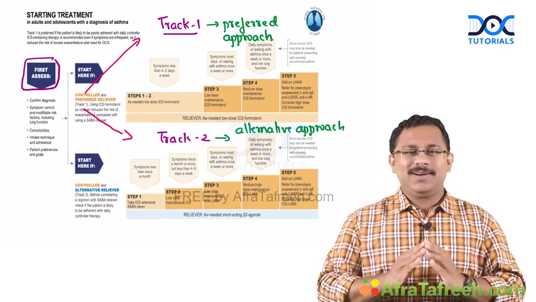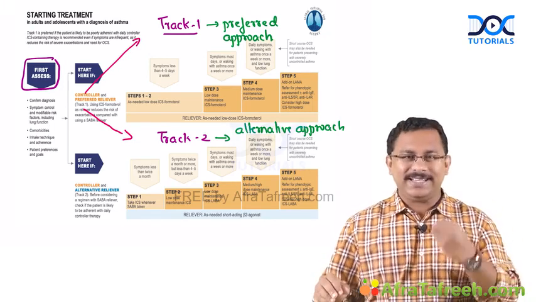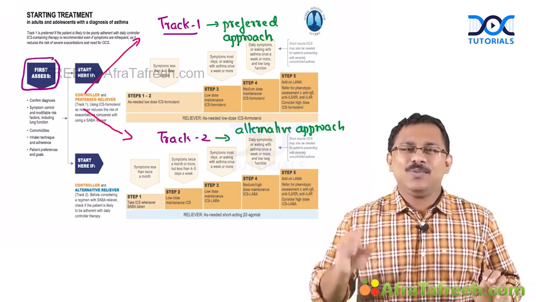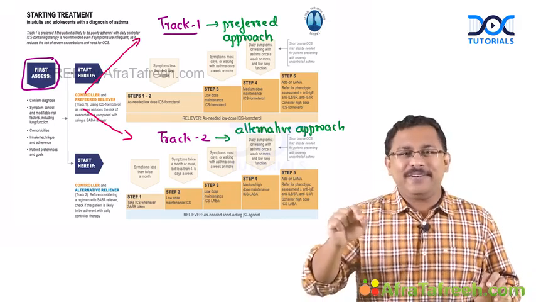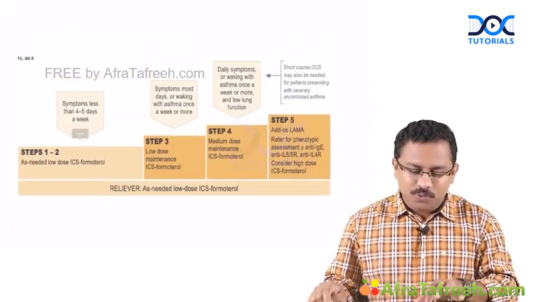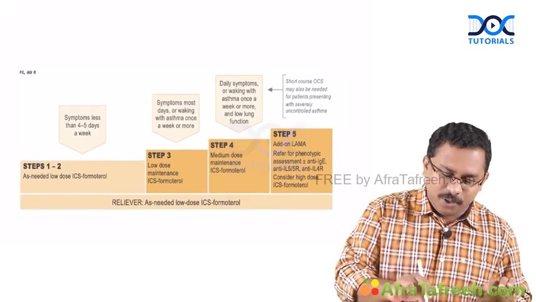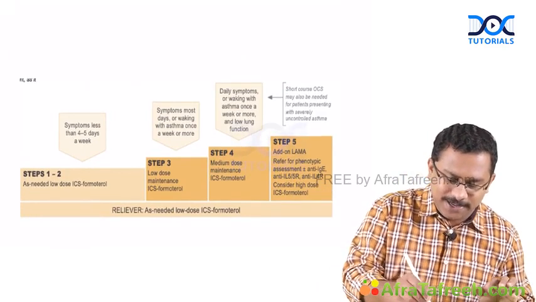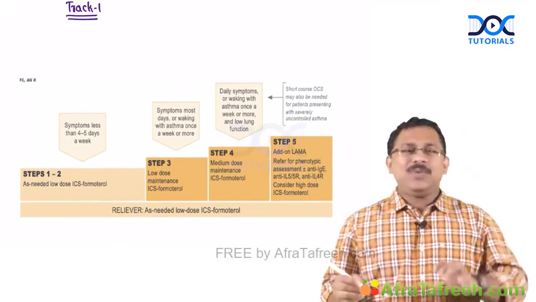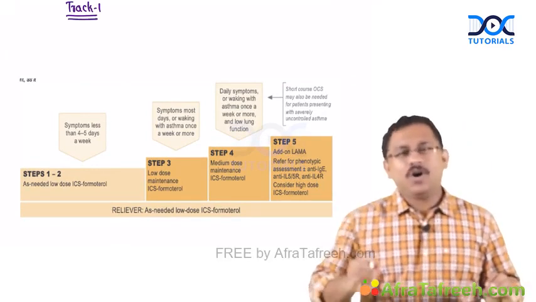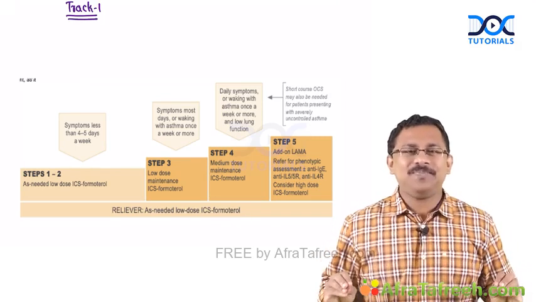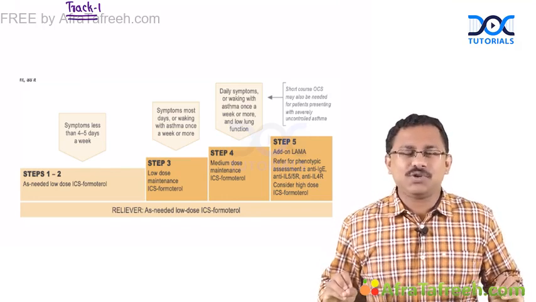Now we are going to learn more about the individual tracks, track 1 and track 2, and how is the treatment strategy. Well, the track 1 we are going to move to that first because that is the preferred approach. So let's move to track 1 of bronchial asthma management. Now, whether it be track 1 or track 2, management of a patient with bronchial asthma, there are two important cornerstones.